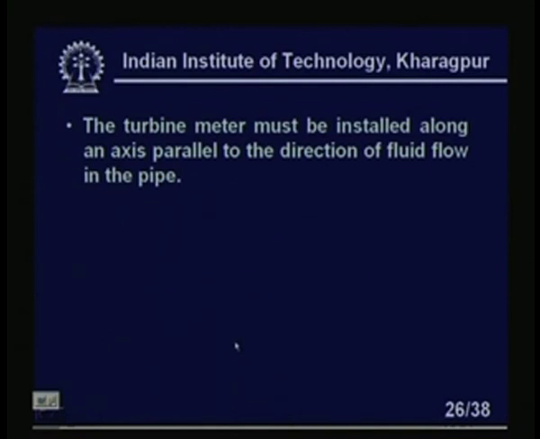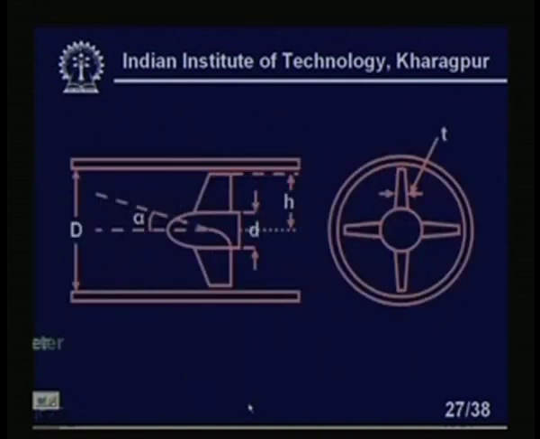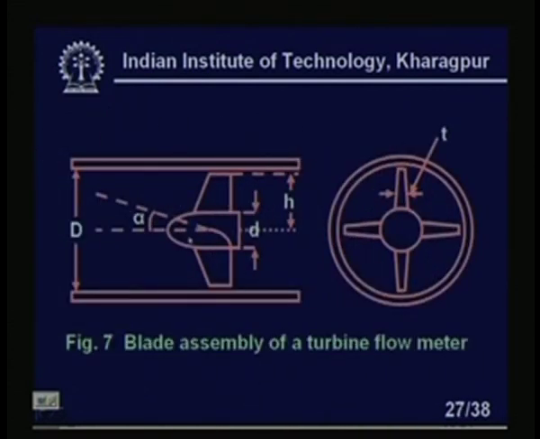The turbine meter must be installed along an axis parallel to the direction of the fluid flow in the pipe, right. The flow of the fluid past the wheel causes it to rotate at a rate proportional to the volume flow rate. The wheel or blade of the meter is shown in figure 7. Each blade makes an angle alpha.